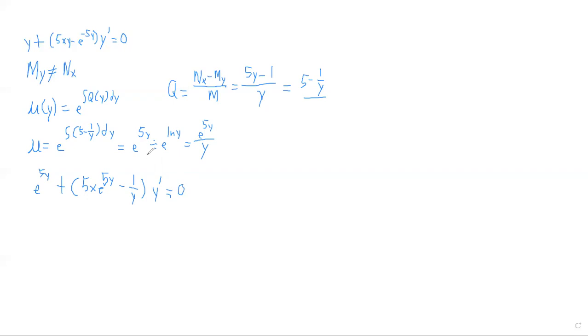And this is exact. You can use the exact same way I did it before. I'm going to leave this as an exercise to you to figure out how to do it.